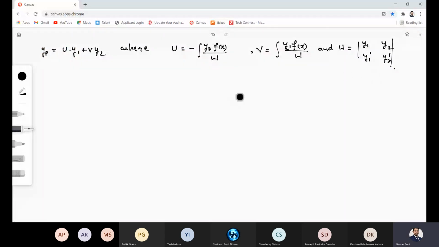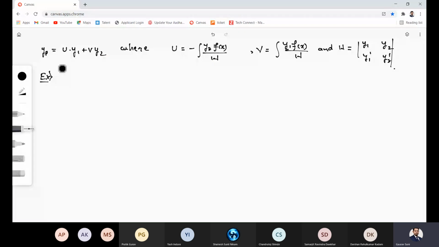Okay, so this is the crux of the whole variation of parameters method. So I have enlisted it here because I'm going to give you one example which you will have to solve in the next 5 minutes.